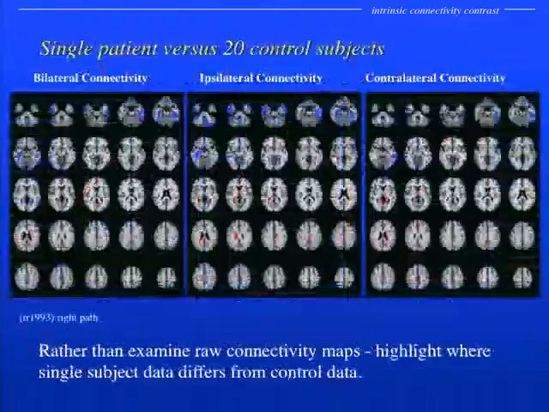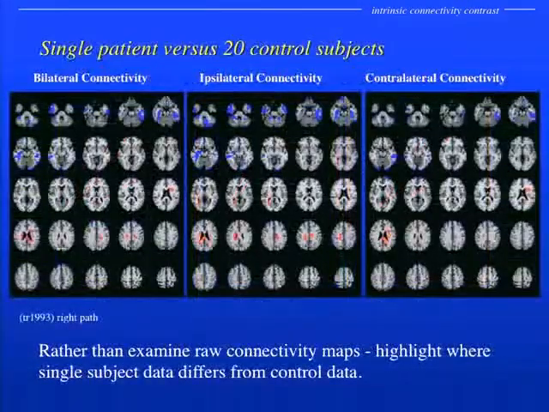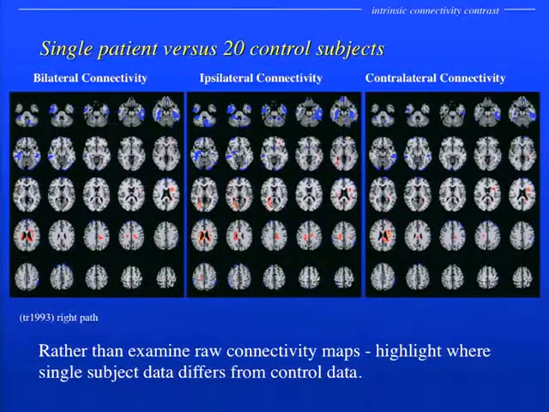But here's an example of a single patient versus 20 control subjects in those three different measures. And you can see that for, like here on the right medial temporal lobe, pretty similar results for the ipsi and the bilateral, but not so much for the contralateral. So there are some differences in these measures, and we haven't explored these differences fully yet, so I'm not sure what all these differences mean.